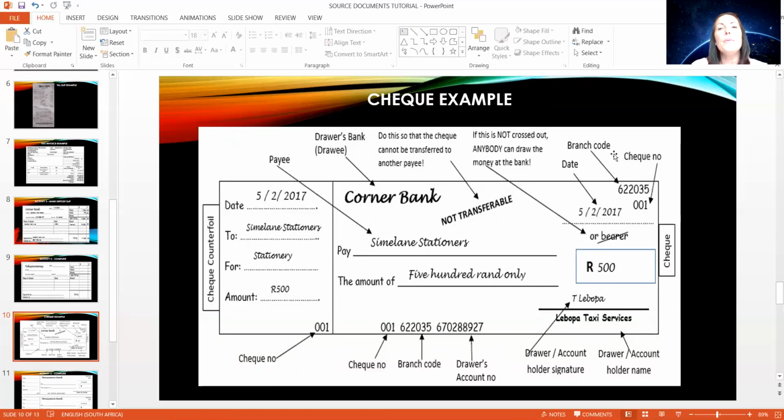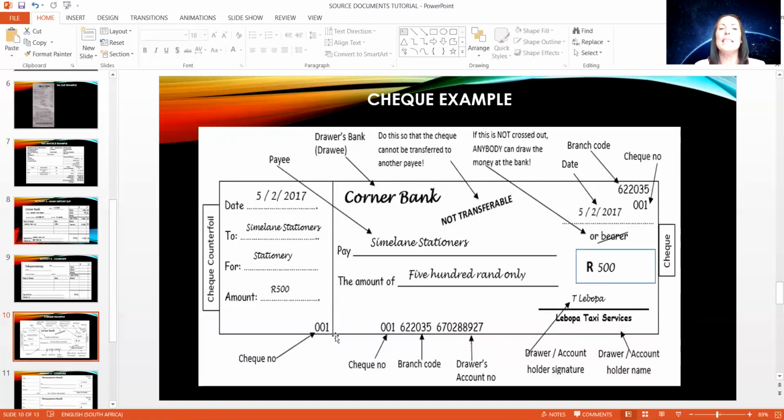Now, if we look at a check, so this whole thing normally came in a checkbook. And then you'll see this part is called the check counterfoil, and the big part here is the actual check. Now, in most checkbooks, this part over here is perforated.